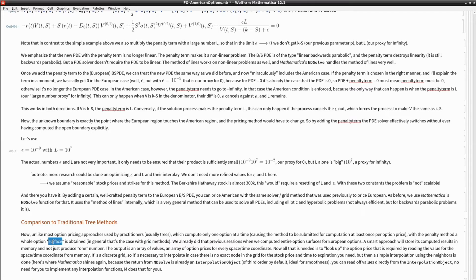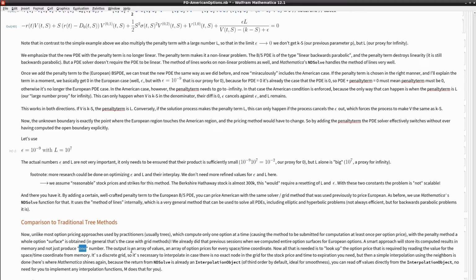We're calling it a surface because we're in 2 dimensions, but we could in principle get entire option volumes if we use 3 or higher dimensions. We already did that in previous sessions when we computed entire option surfaces for European options. And a smart approach will always store its computed results in memory and not just produce one number again and again.